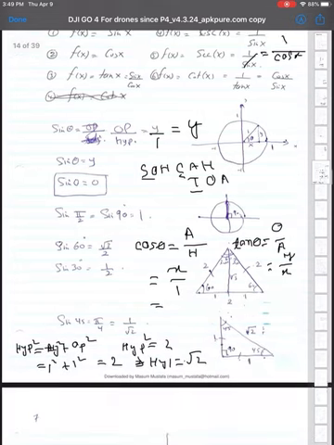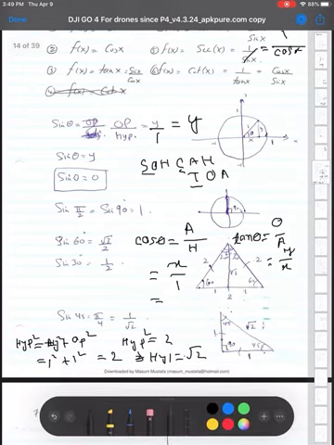we'll look into this one triangle first. If one angle is 90 degree and another angle is 45 degree, the third angle has to be 45 degree, because it's a right angle triangle and the total of the angles of a triangle is 180 degree.